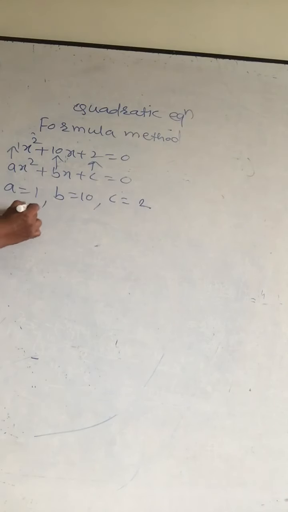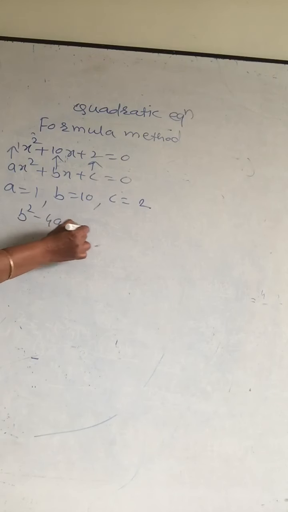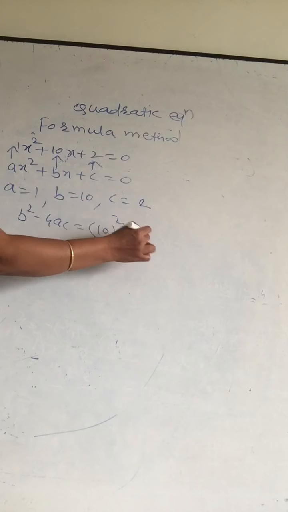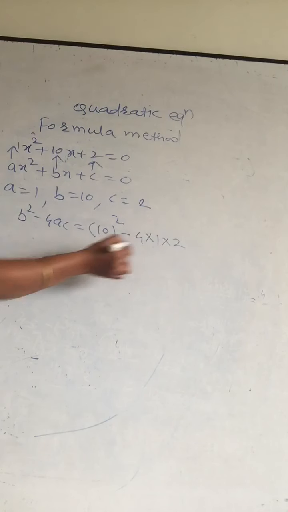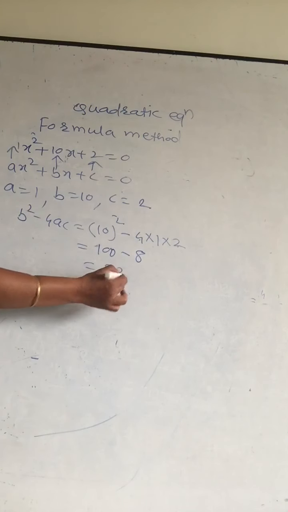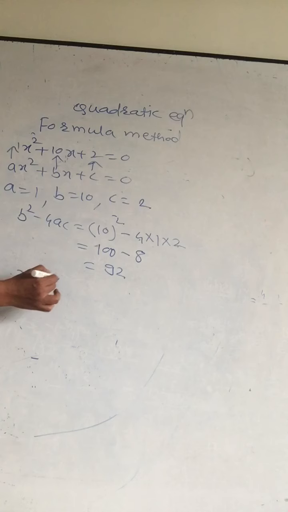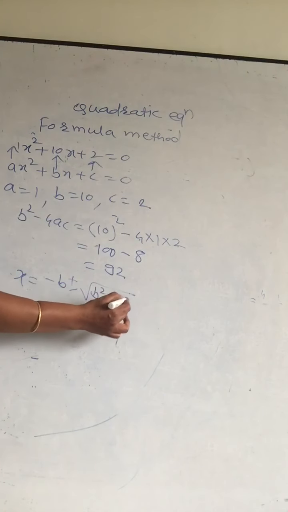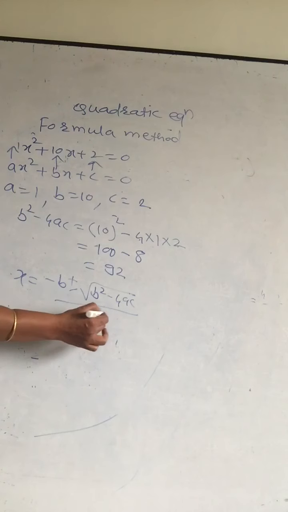Now b square minus 4ac: 10 square minus 4 into 1 into 2. 10 square is 100, minus 4 twos are 8. 100 minus 8 is 92. Now the formula: x is equal to minus b plus or minus the square root of b square minus 4ac, divided by 2a.